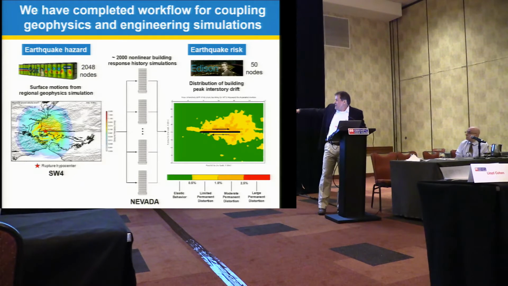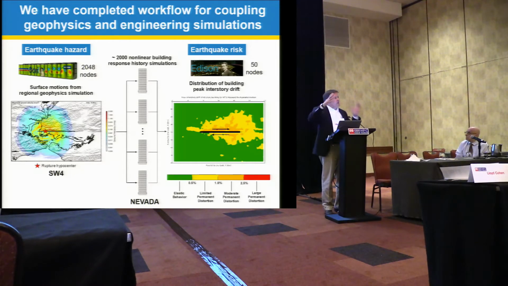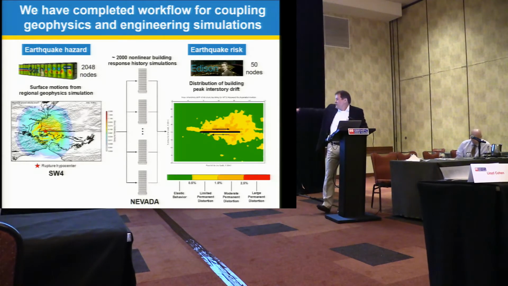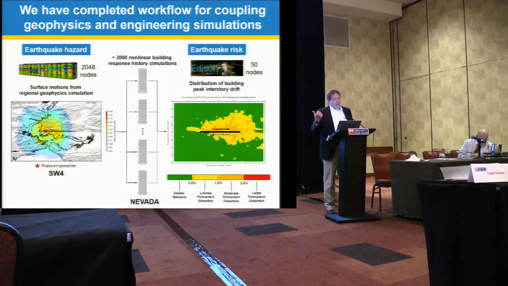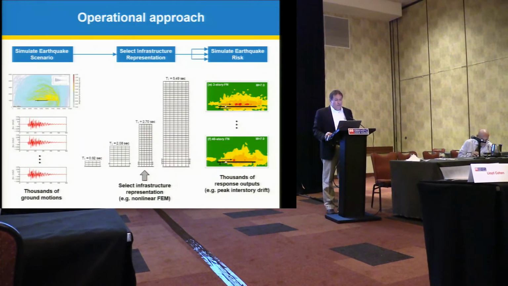In this case, I am plotting a 40-story building response and the peak interstory drift, or just the worst relative displacement in that building, pursuant to DOE standards. And you can see green is okay, red is bad. And so for this Hayward Fault earthquake, this is one of our first realizations of trying to understand the risk to structures in the Bay Area. So our operational approach is the following.